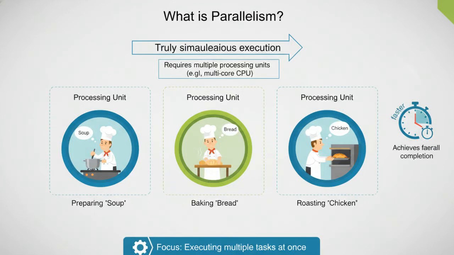Chef A prepares soup, Chef B bakes bread, and Chef C roasts chicken. All three dishes are being actively cooked at the exact same moment. This true simultaneous execution is the essence of parallelism, leading to potentially much faster overall completion times for a set of tasks.